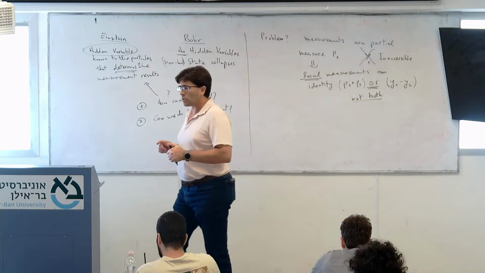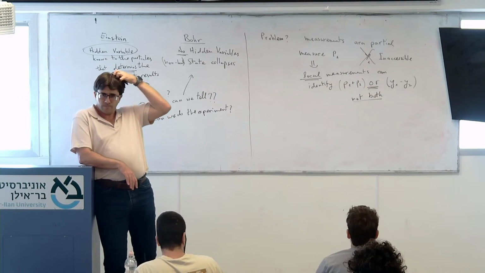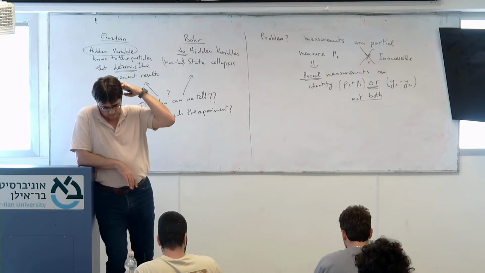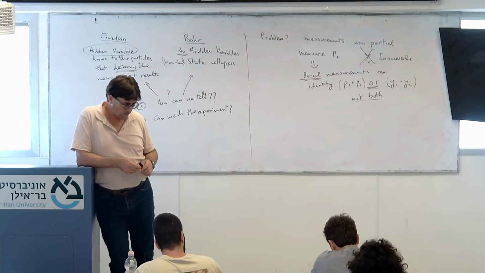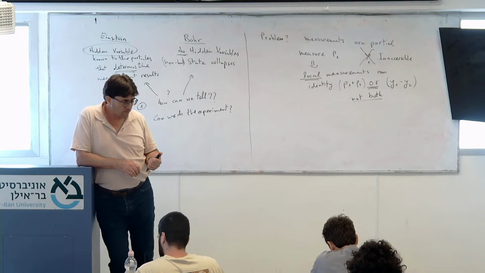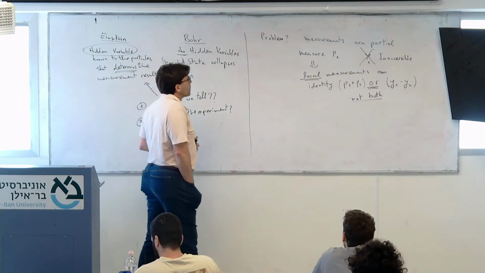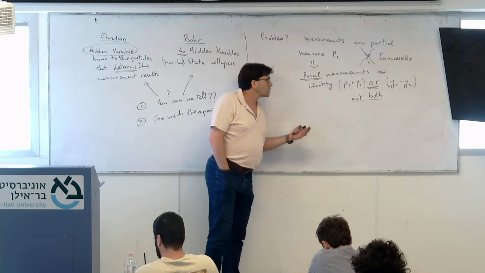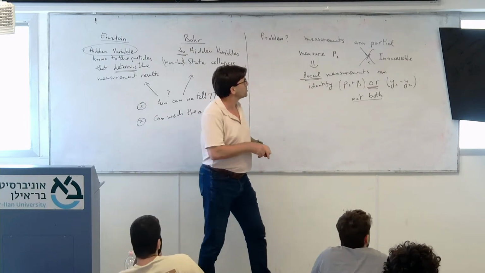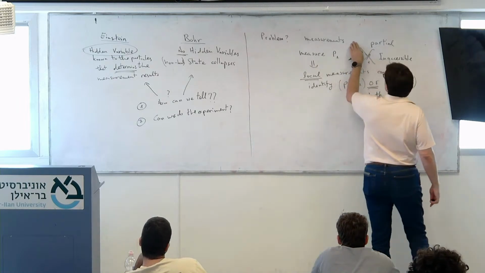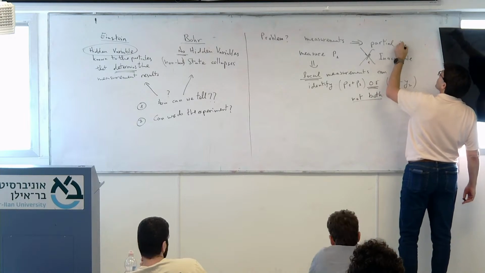In a moment, we'll talk about a global one. So that means that I get partial information. Measurements provide partial information.